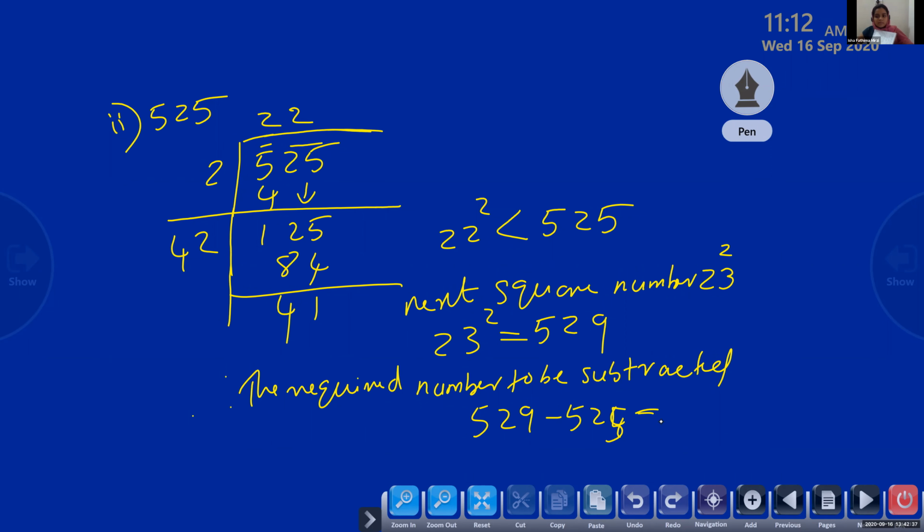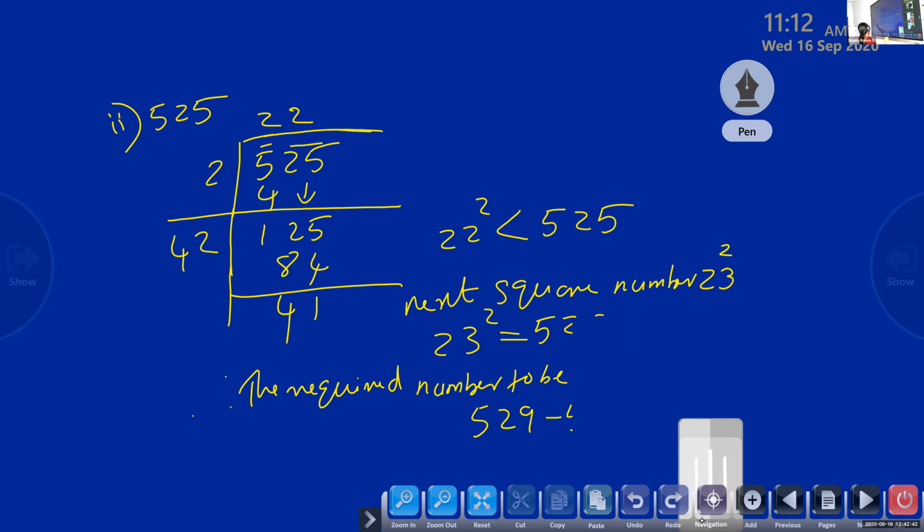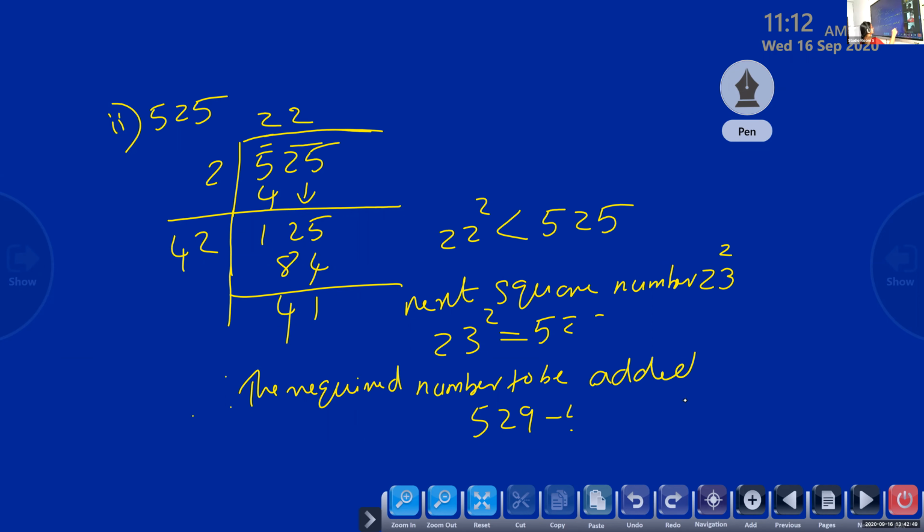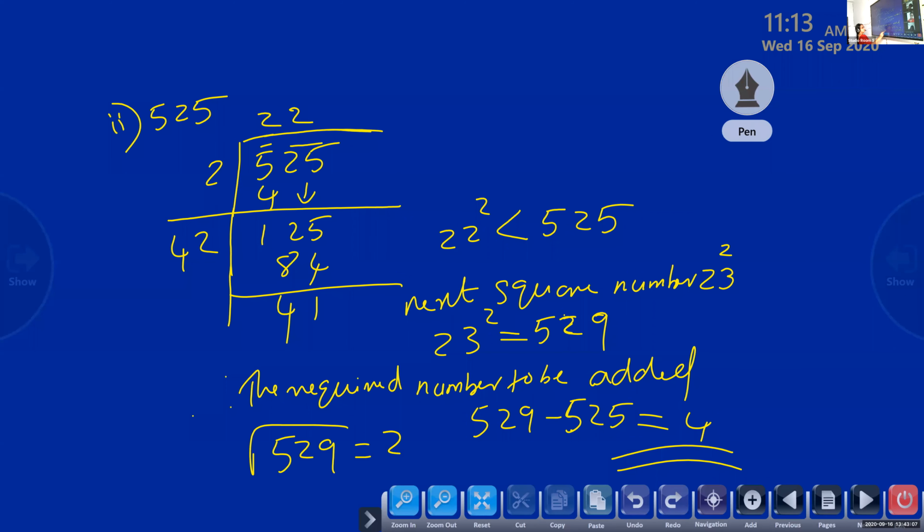To be added equals 529 minus 525, which equals 4. And the square root of the new number is 23.